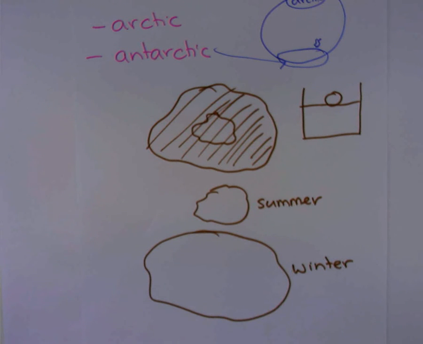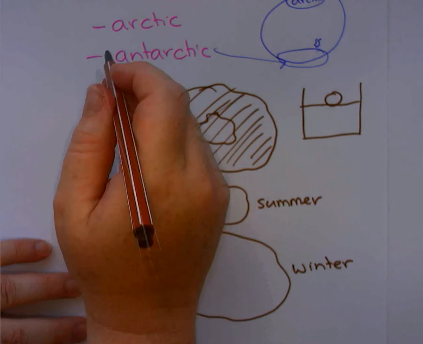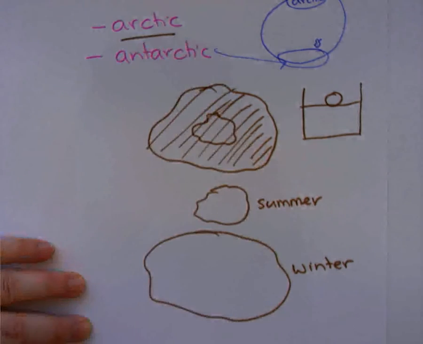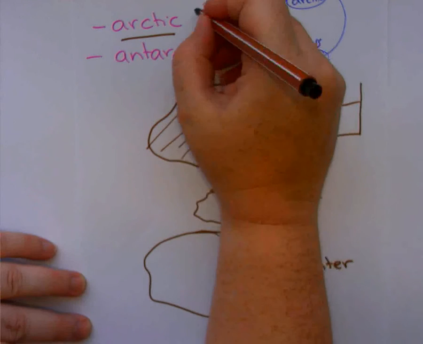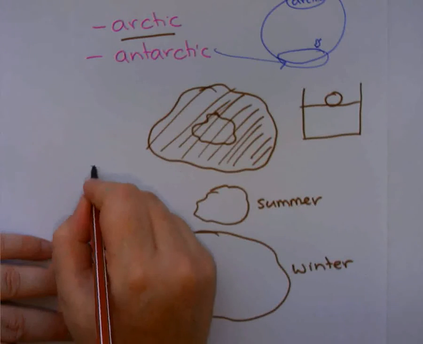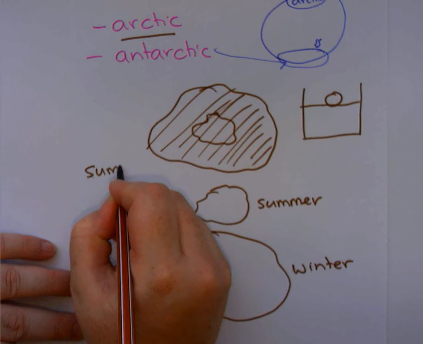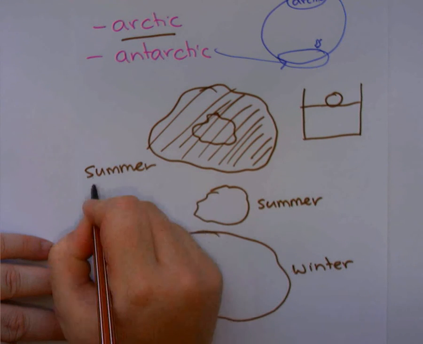Now we're going to look at the Arctic sea ice, so we need to think about these seasons being the opposite time for us. So when we have summer, they have winter, and vice versa. So in the Arctic, summer happens in which months of the year?